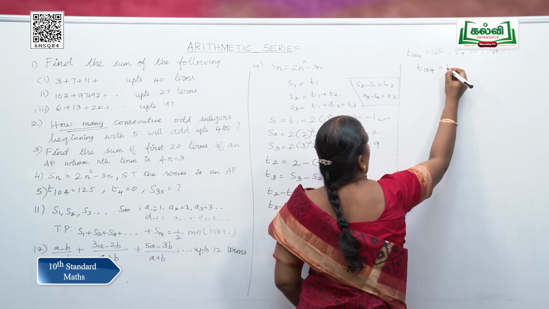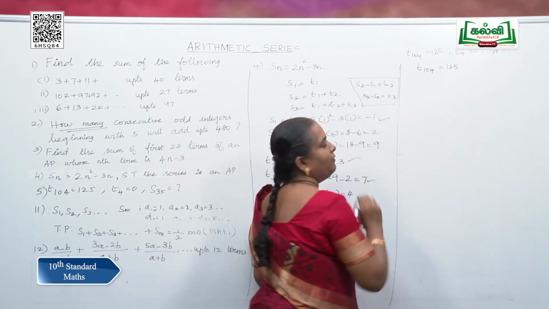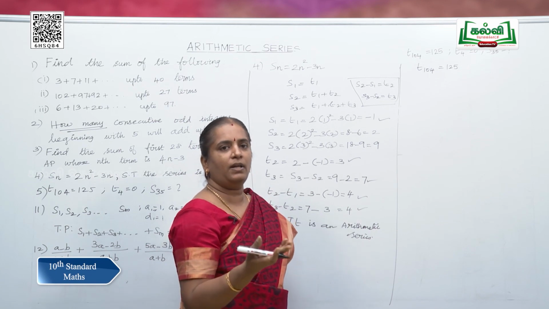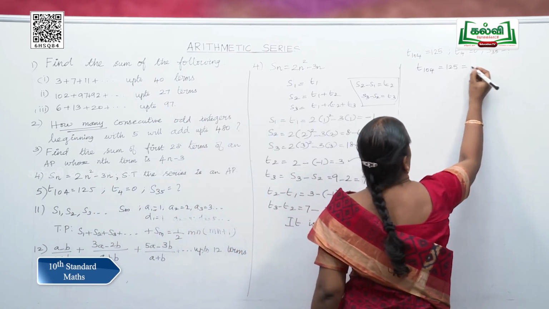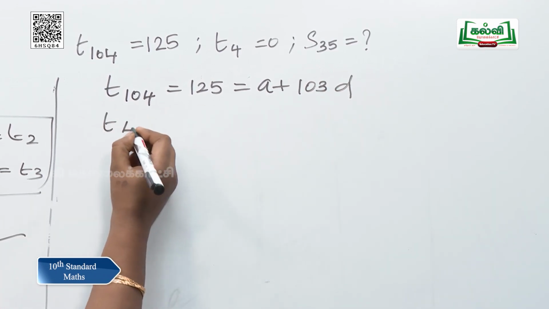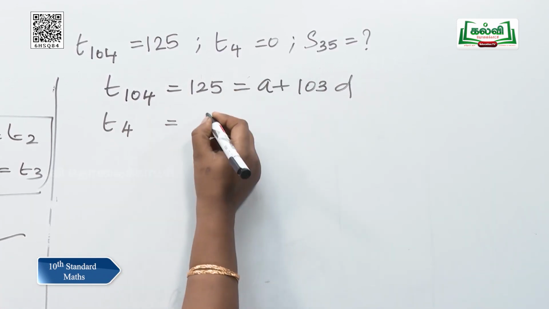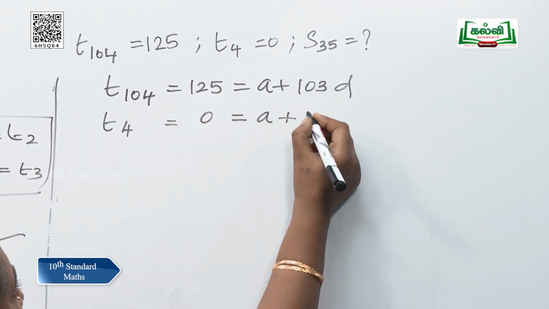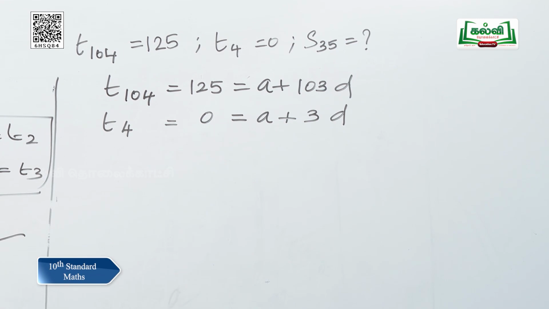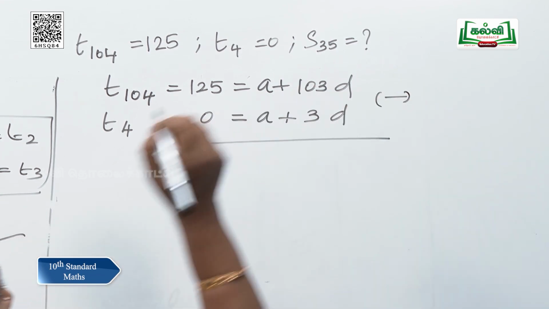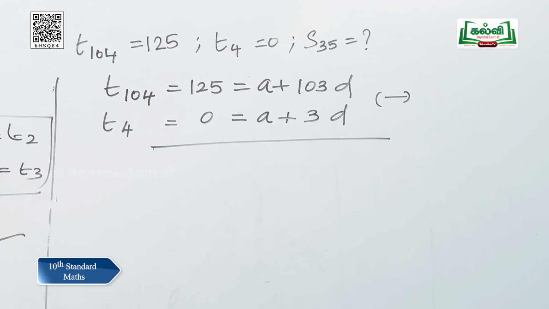T104 is 125. How can we write this T104? A plus N minus 1 of D, A plus 103D, and T4 is given as 0, which can be written as A plus N minus 1, 3D. Yes, you are right. Now we are going to subtract to eliminate A from these two equations.